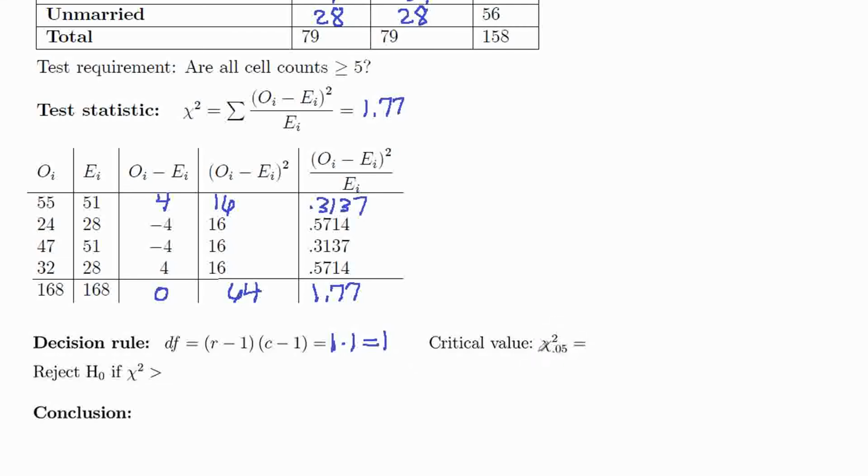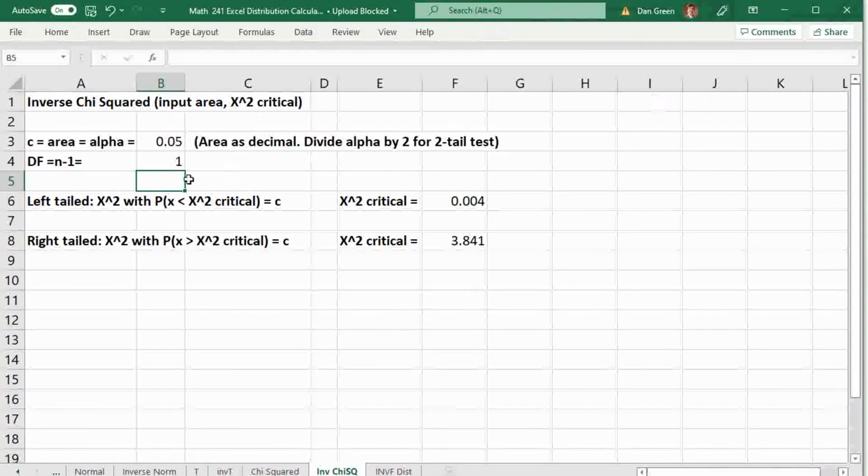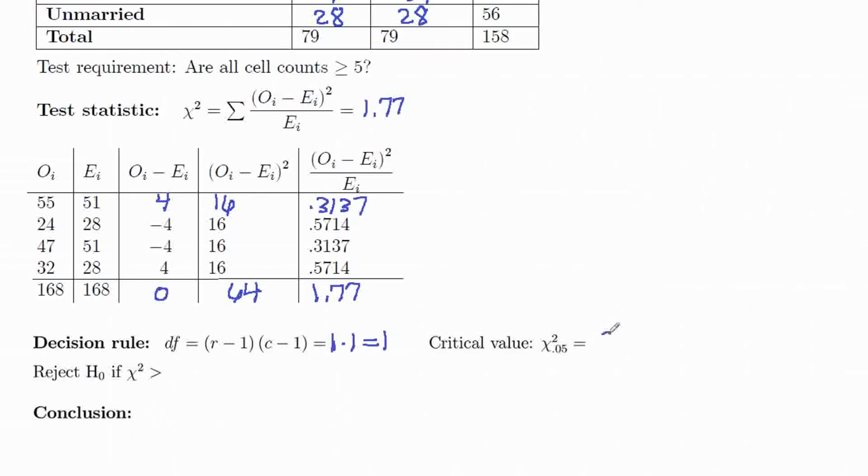We're testing at the 0.05 level, so our critical value is chi-squared 0.05. So let's go ahead and find that with the distribution calculator. So here, degrees of freedom 1, 0.05 is our alpha, 3.84. And so your decision rule, you're going to reject H0 if your chi-squared is greater than 3.84.